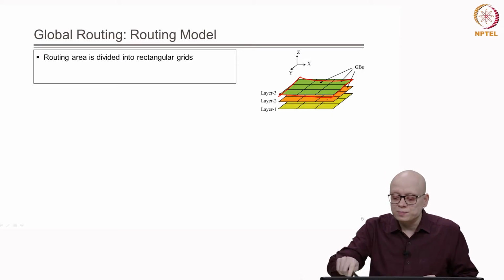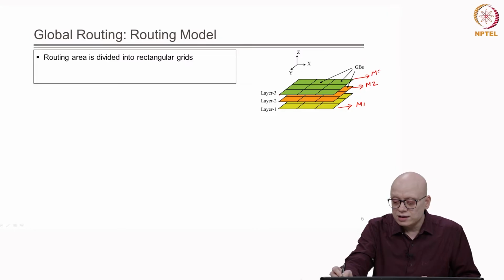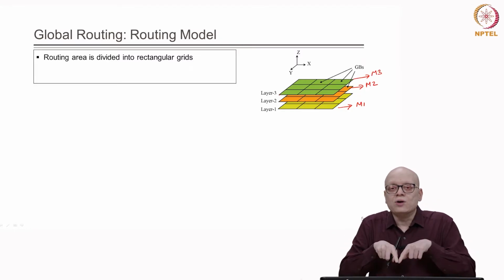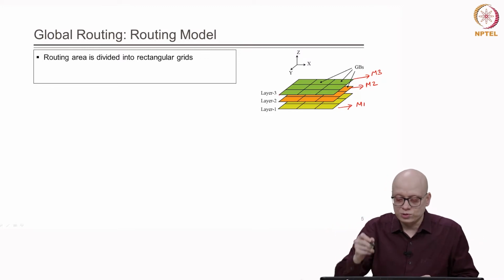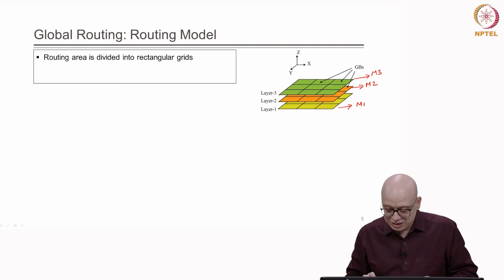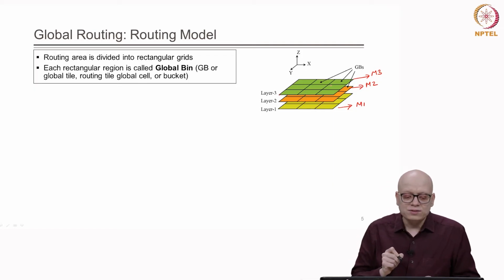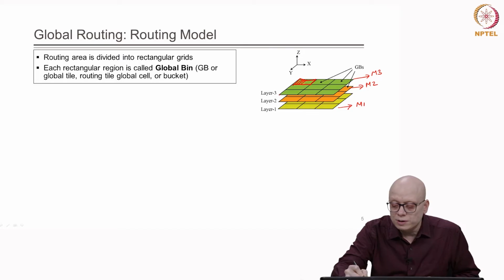For simplicity I am assuming 3 metal layers: M1, M2 and M3. Then we divide the layout area or routing area into rectangular grids, as shown here. There is a rectangular grid for each layer. Each rectangular region is called a global bin. For example, if we take this small rectangular region, this is one global bin.